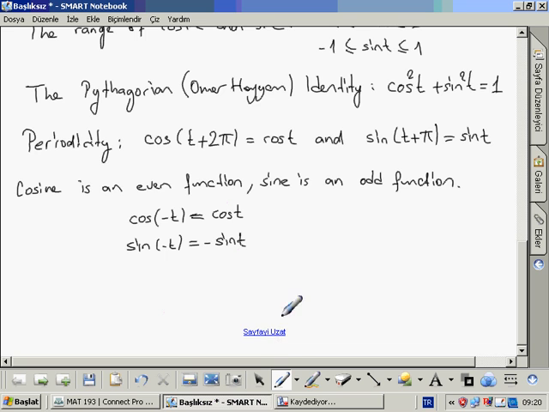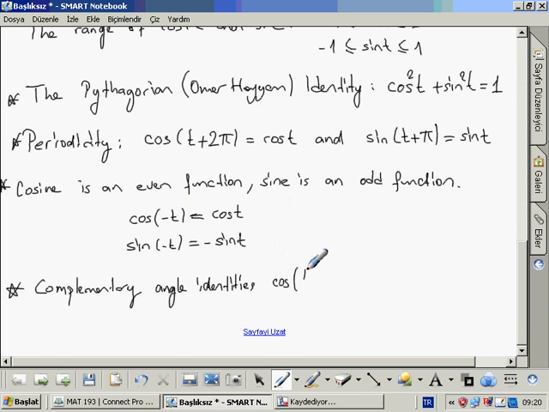And another property about these functions: complementary angle identities. What's that?